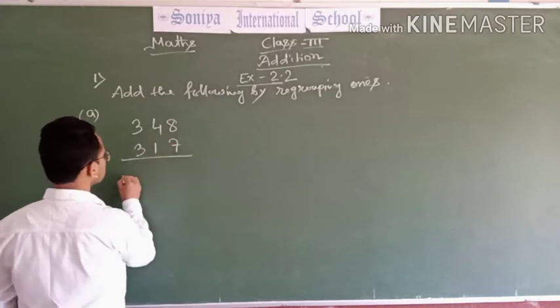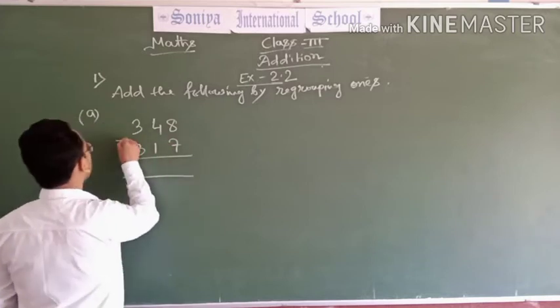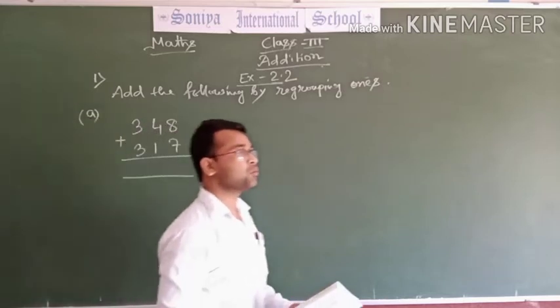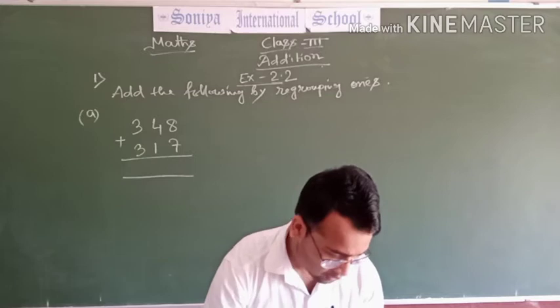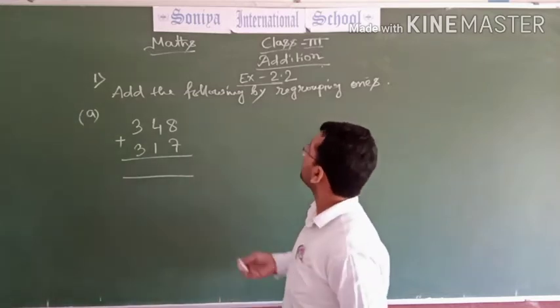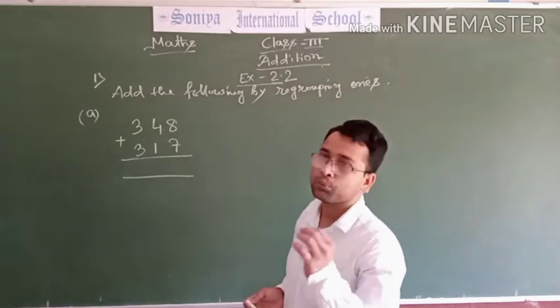Is that clear? Whenever regrouping ones, tens, twice, hundreds, the regrouping method goes on stepwise.